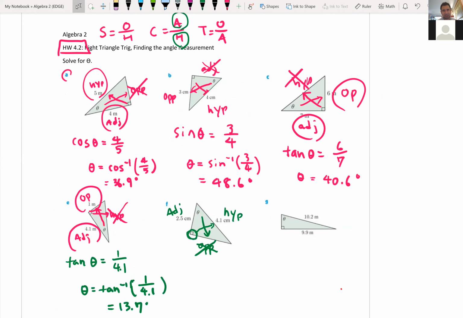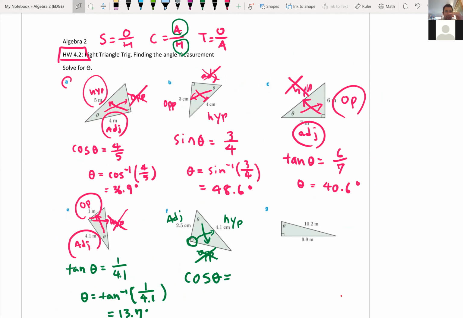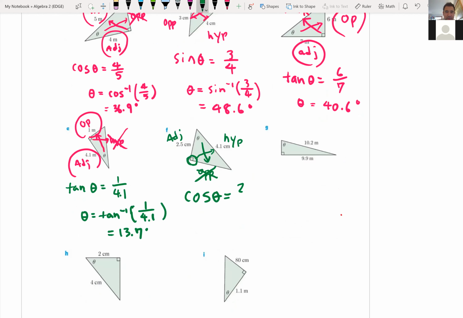I hope I'm not talking to you like you're not getting this, but if there is anybody who is not quite getting this, please go along with me. So this is cosine of theta, which is A over H, adjacent over hypotenuse, so 2.5 over 4.1.